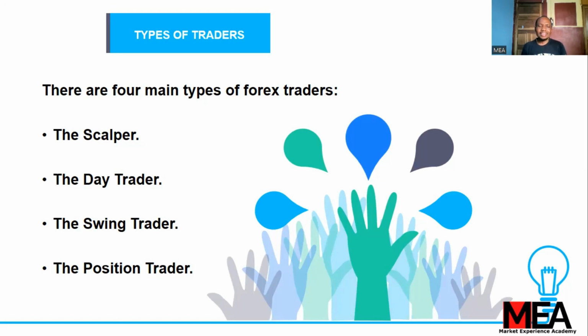But the day traders, as their name implies, are traders whose trades run for a whole day. These are traders that take their trend direction from the 4 hours or daily chart.